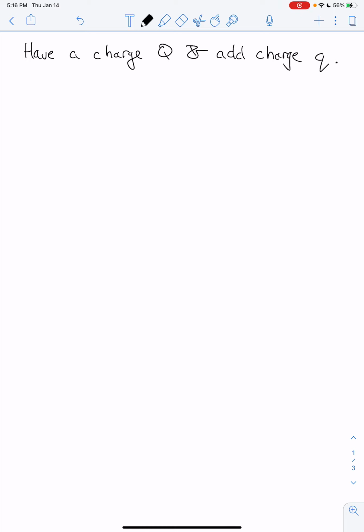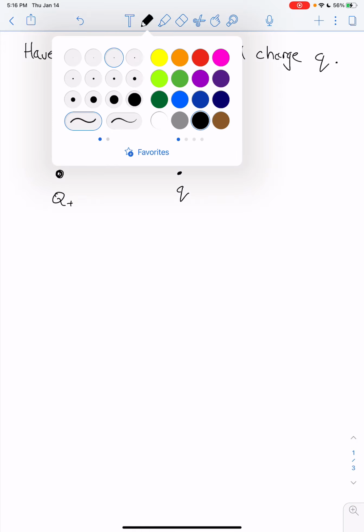Okay, so down here we'll have charge Q, and let's make it positive. And then we're going to add charge little q at some other point. We can say it's point P. And so they are going to be some distance apart.